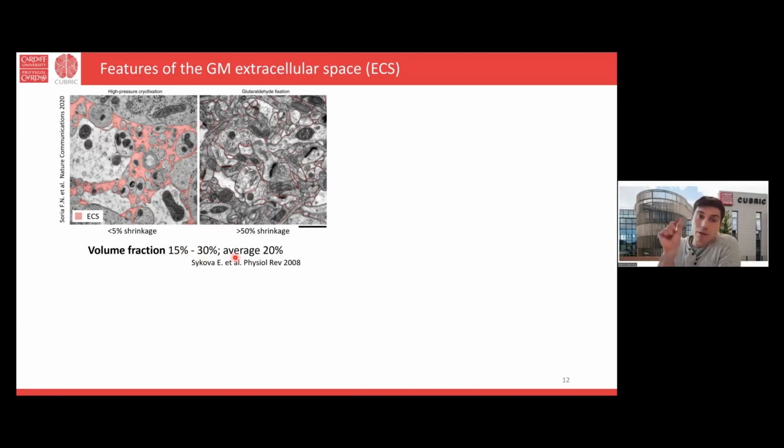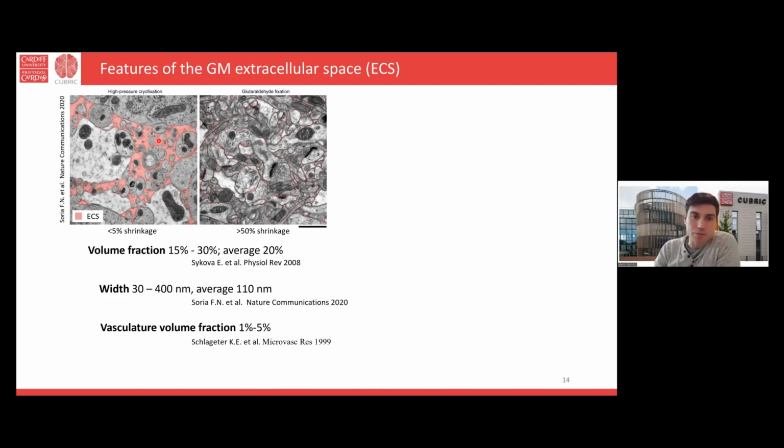Also, the width of the extracellular space is between 30 and 40 nanometers, and it is not a regular width. You have regions where it's much tinier, and regions where the width is bigger.